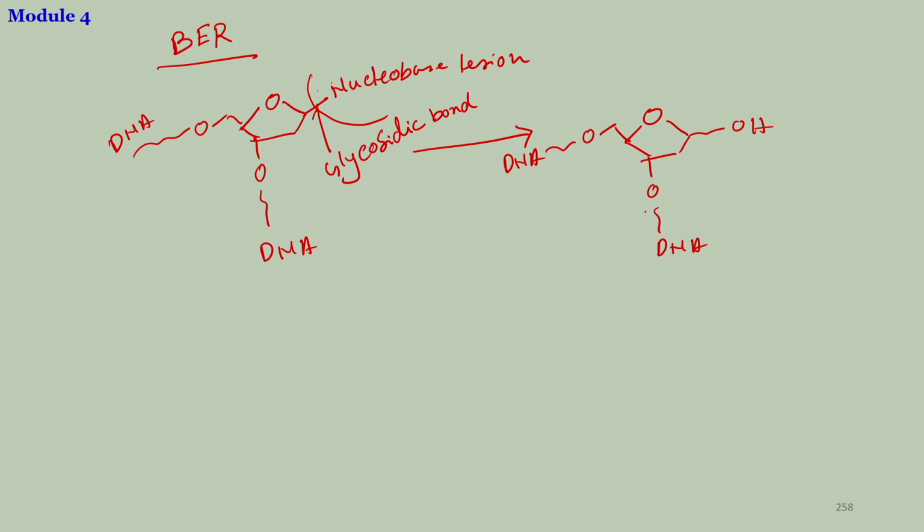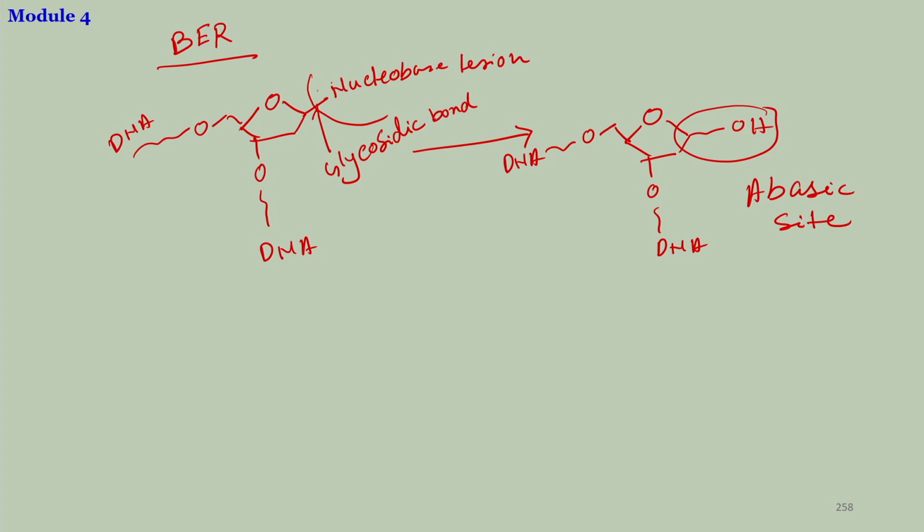Now, this DNA which is devoid of a nucleobase in the sugar is known as an abasic site, or abasic DNA or abasic sugar, meaning that it is devoid of the nucleobase. So, only the sugar moiety is present here. That is the process of base excision repair. Obviously, it is done with a set of enzymes that we will see now.